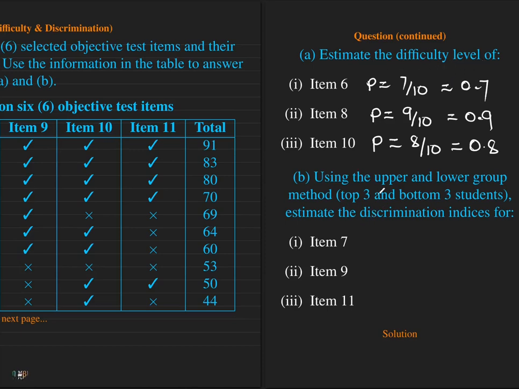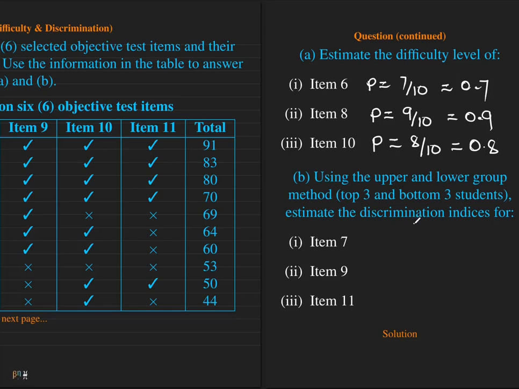Now let's go to using the upper and lower group method to estimate the discrimination indices for item 7, 9, and then 11. Now, when it comes to estimating the discrimination index, there are three key steps we need to know.